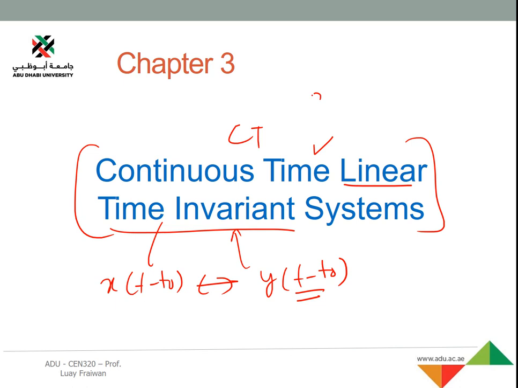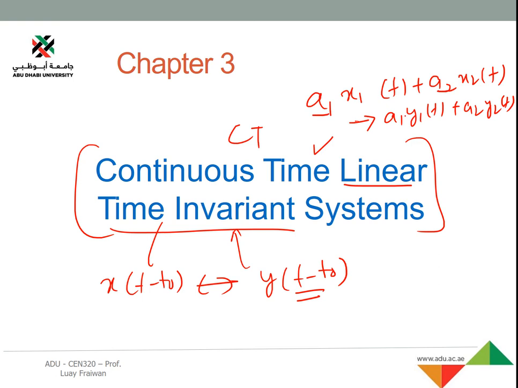A linear system, we learned in the last chapter, has the additivity and homogeneity properties. If you add two inputs, your individual outputs should also be added with the same multipliers. So that was the linear property.